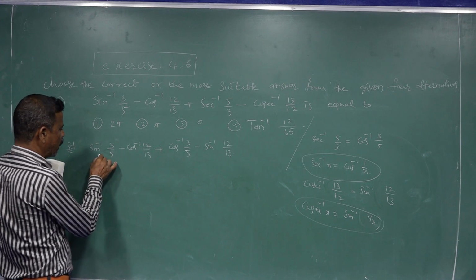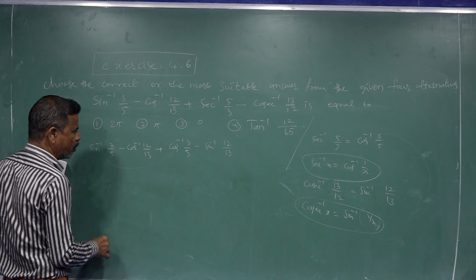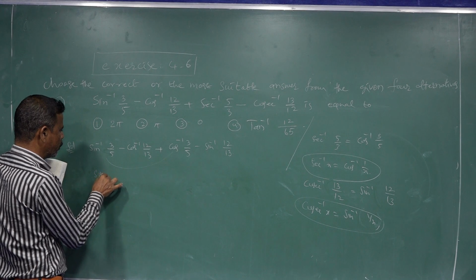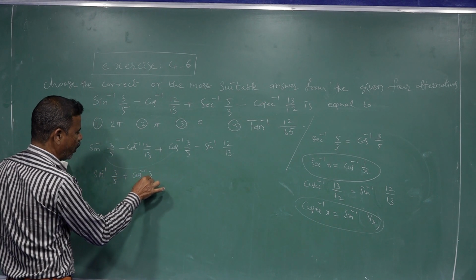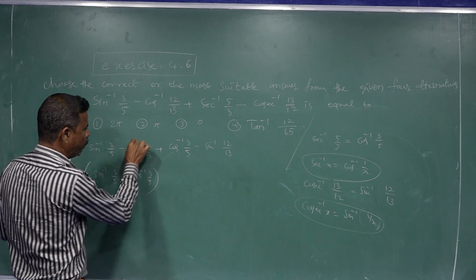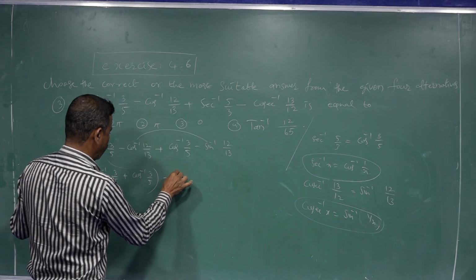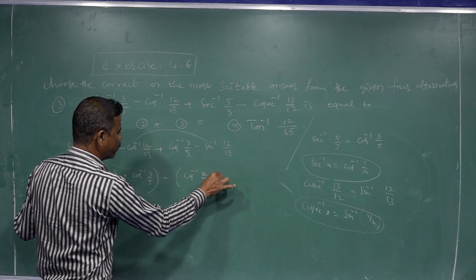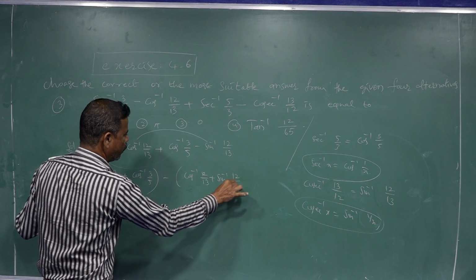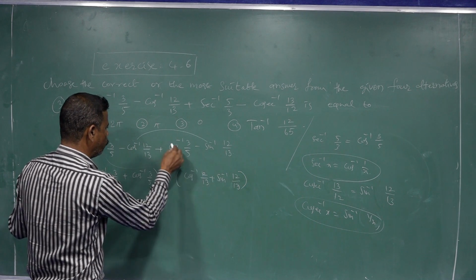Now here sin inverse 3 by 5, here cos inverse 3 by 5. So join this: sin inverse of 3 by 5 plus cos inverse of 3 by 5. Here, in this, minus common: cos inverse 12 by 13 plus sin inverse of 12 by 13. This is one group, this is one group.